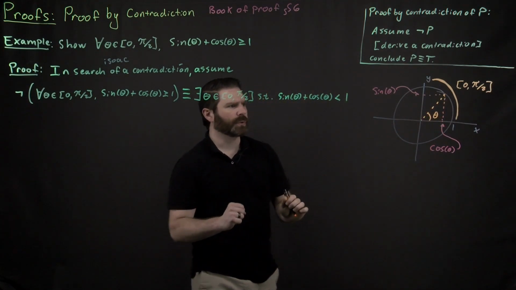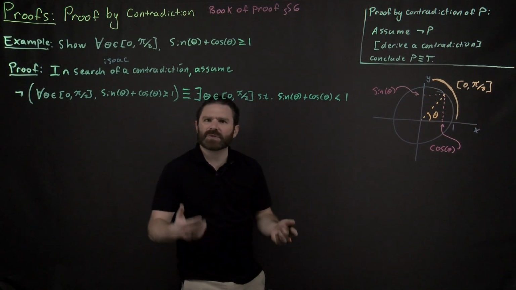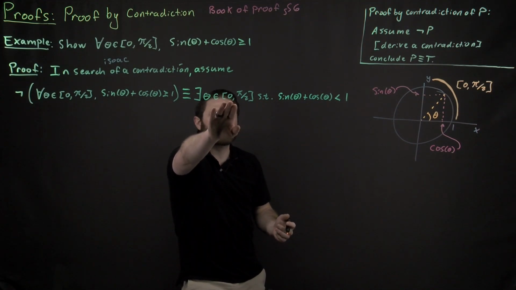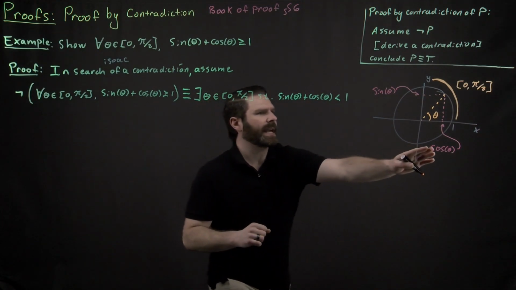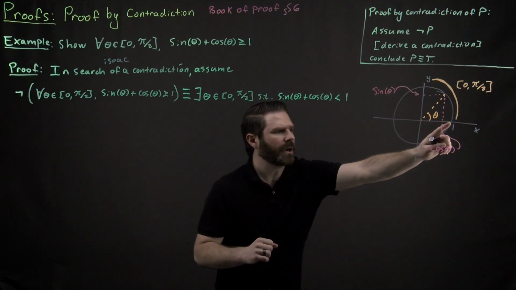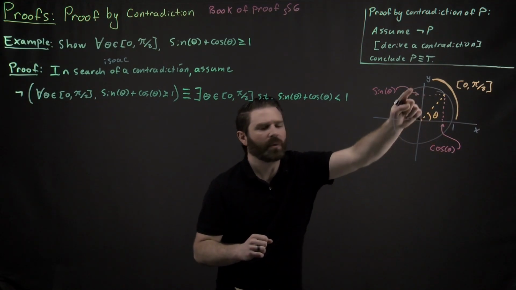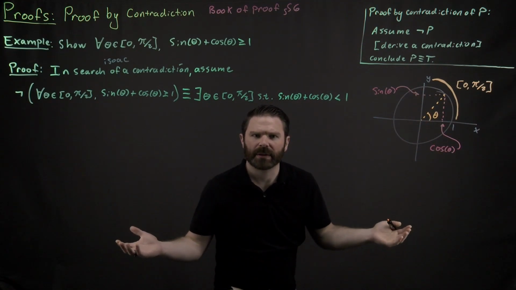So if you remember radians, 0 to pi over 2, that's this part right here. So how does this help us? Well, since we know that this theta exists in that interval, we know that sine and cosine are only ever going to take values on this part of the x-axis or on that part of the y-axis. And what's so special about those axes?